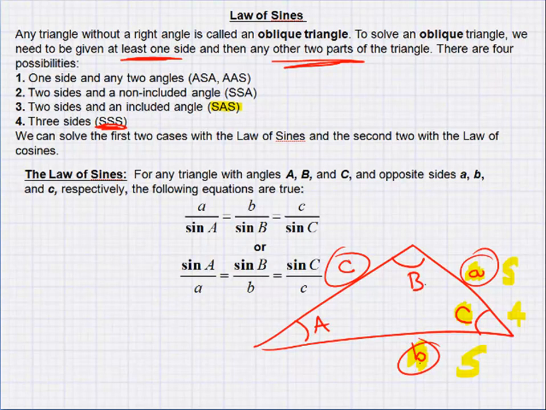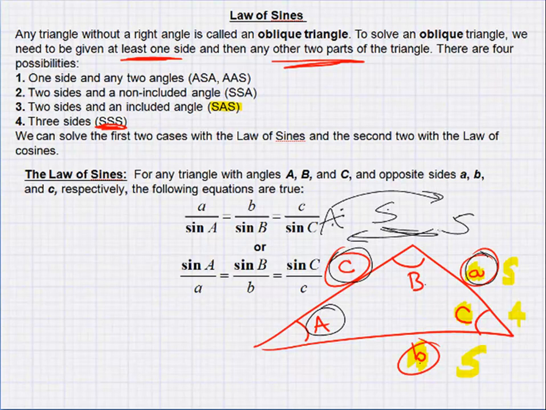But I also could be given this side and then this angle. In that case we would label that side, side, angle. You could say angle, side, side, or side, side, angle. It doesn't matter whether you go this way or this way. It's two sides that are together and an angle after or before. So that would be this situation here.